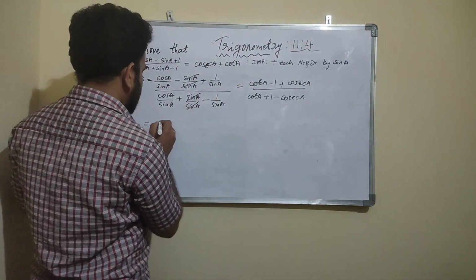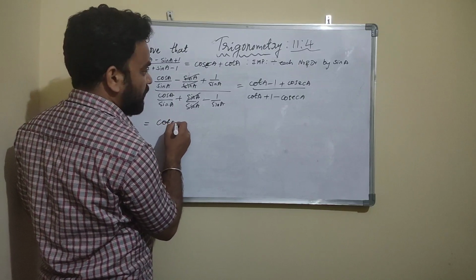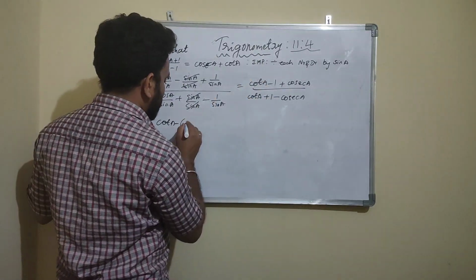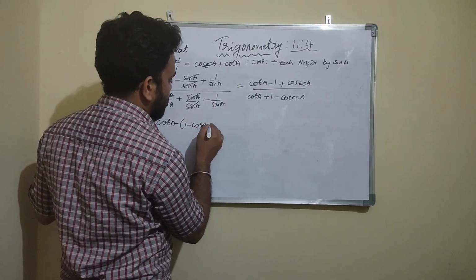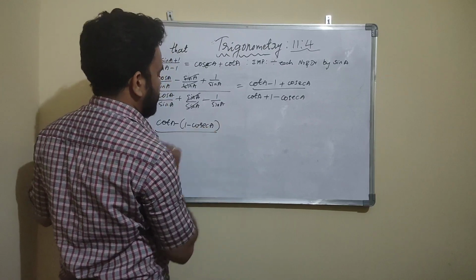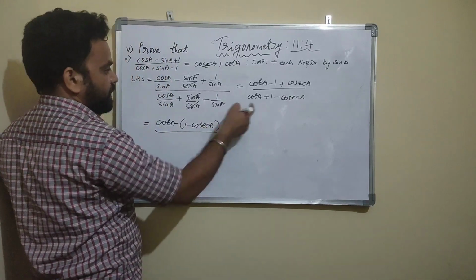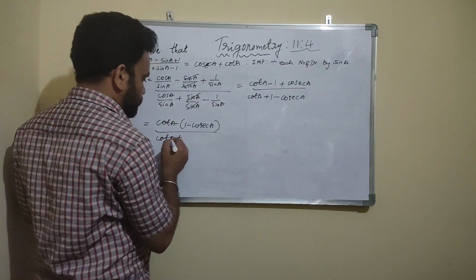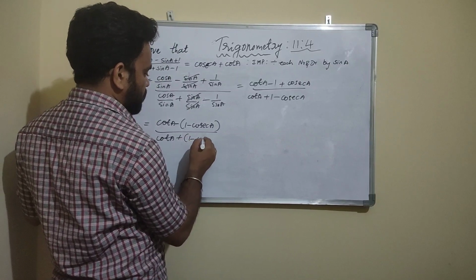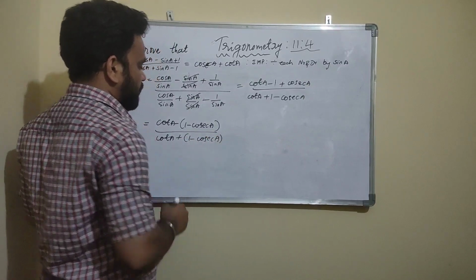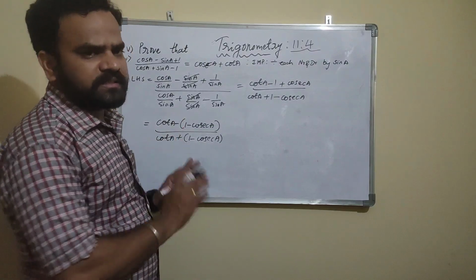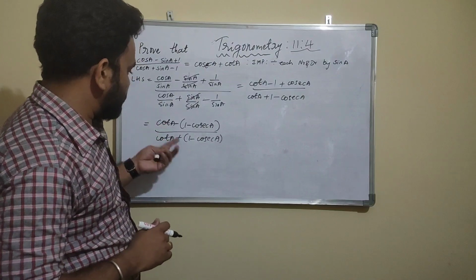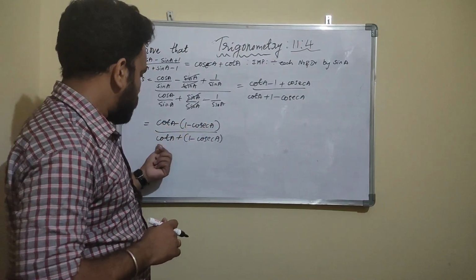What I will do here is I will arrange this as cot A minus, this can be written as 1 minus cosec A, divided by, this can be written as cot A plus 1 minus cosec A. What did I do here? I just rearranged the terms. Everything remains there only. No changes in this. Right? Why I did like this is, here you see it is in the form of cot A minus same thing, cot A plus same thing.